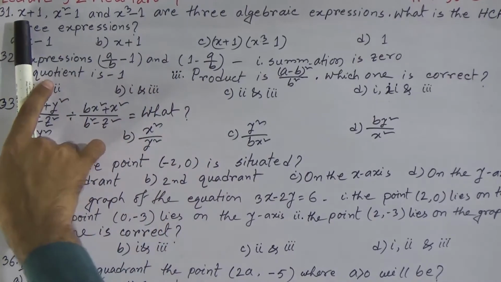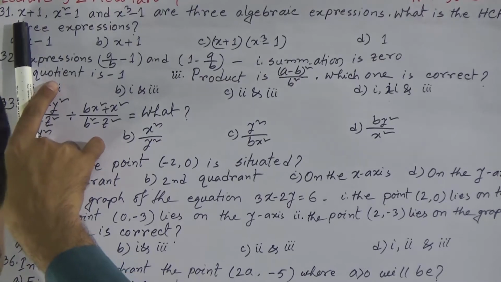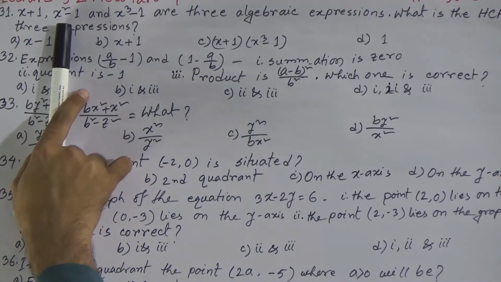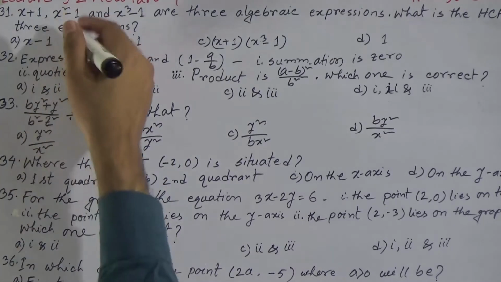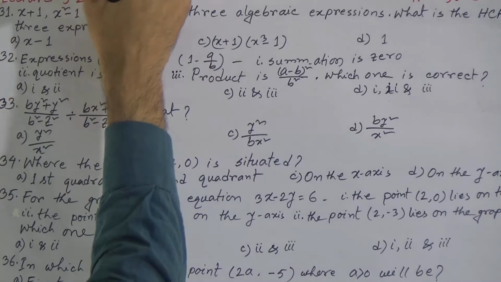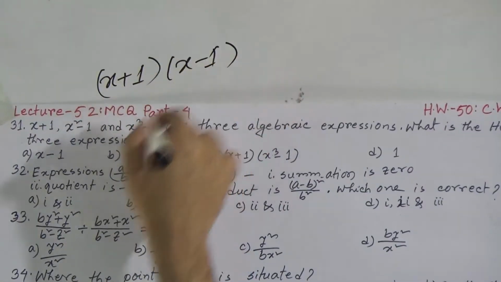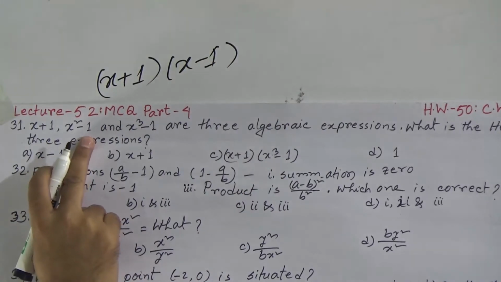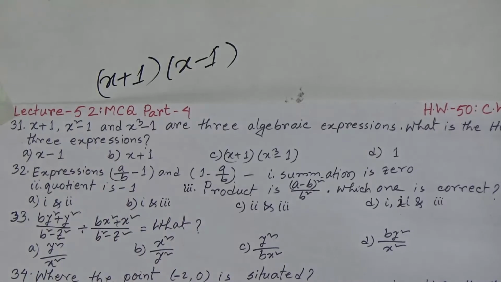Dear students, the first one, x plus 1, has no need to be factorized. The second and third expressions we have to factorize. If we factorize the second expression, we will get x plus 1 into x minus 1, as x square minus 1 means x square minus 1 square, that is a square minus b square.